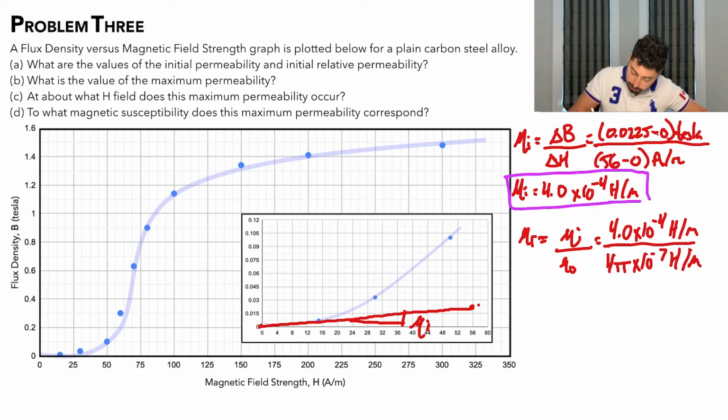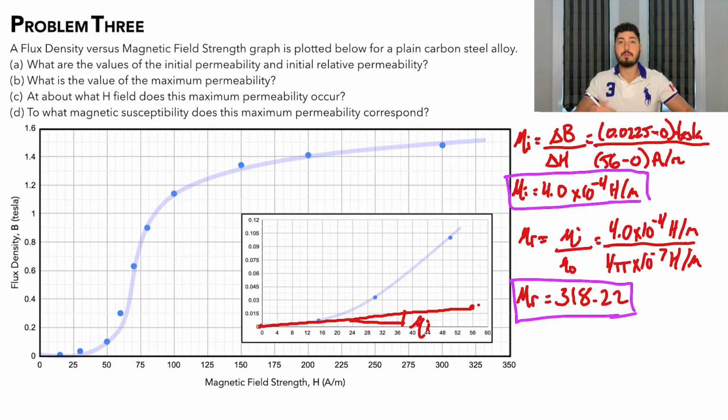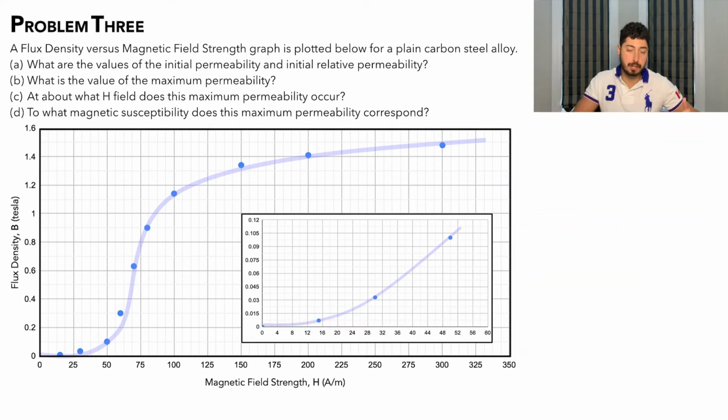Plugging that into your calculator is going to lead you to a value for the initial relative permeability of 318.22. And note that we don't have any units on that because, again, it's a ratio. Let's move on to part B.